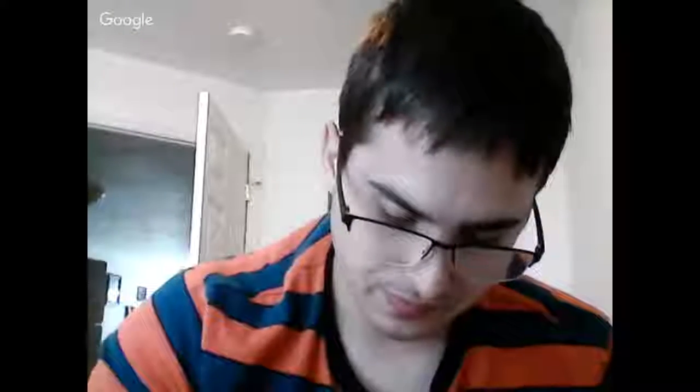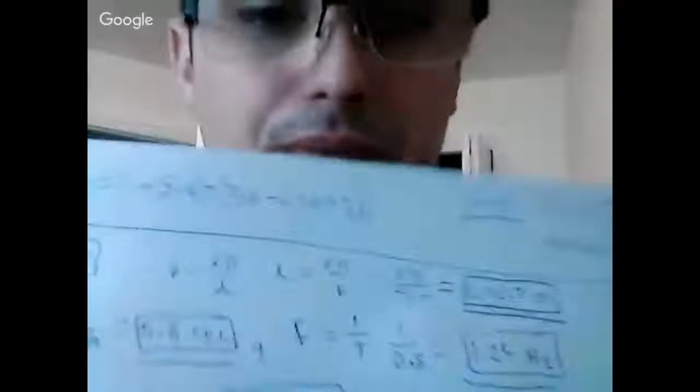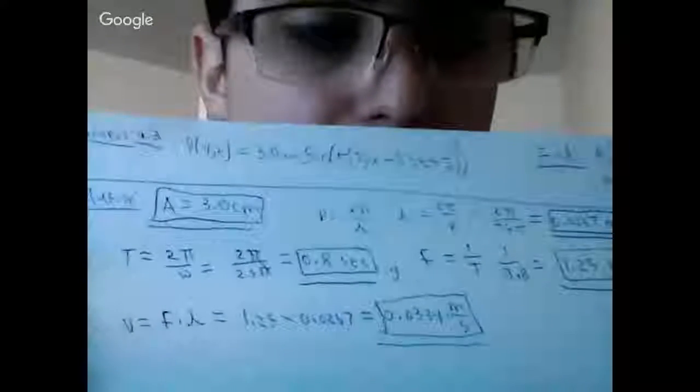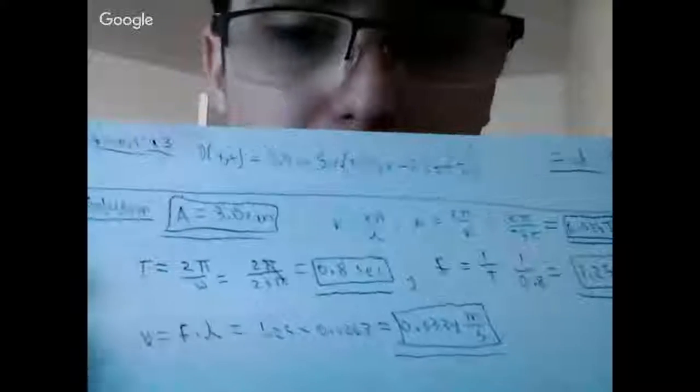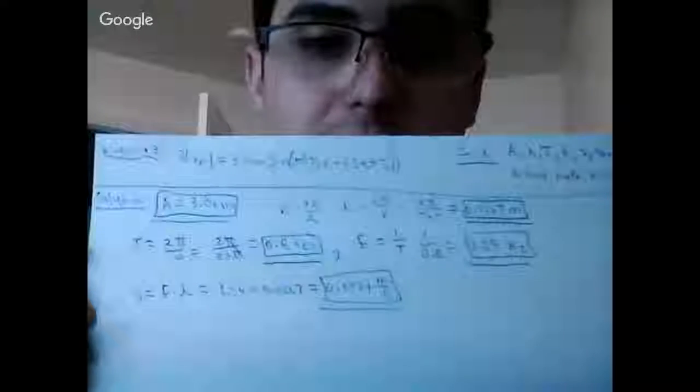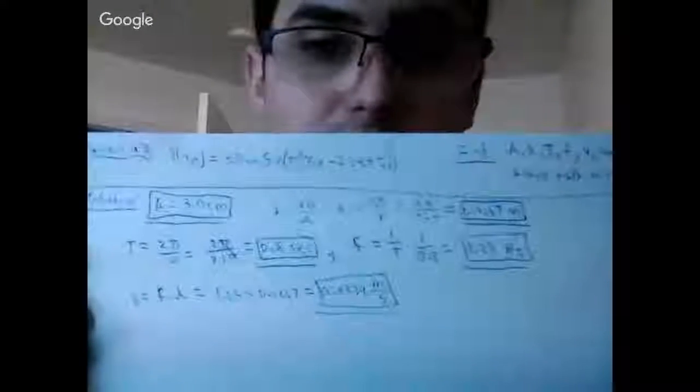And doing that will give us a velocity of 0.0334 meters per second. So there you go. So that's how you get the velocity. So I'll just leave that up there in case anybody's falling behind. They can look over it really fast.